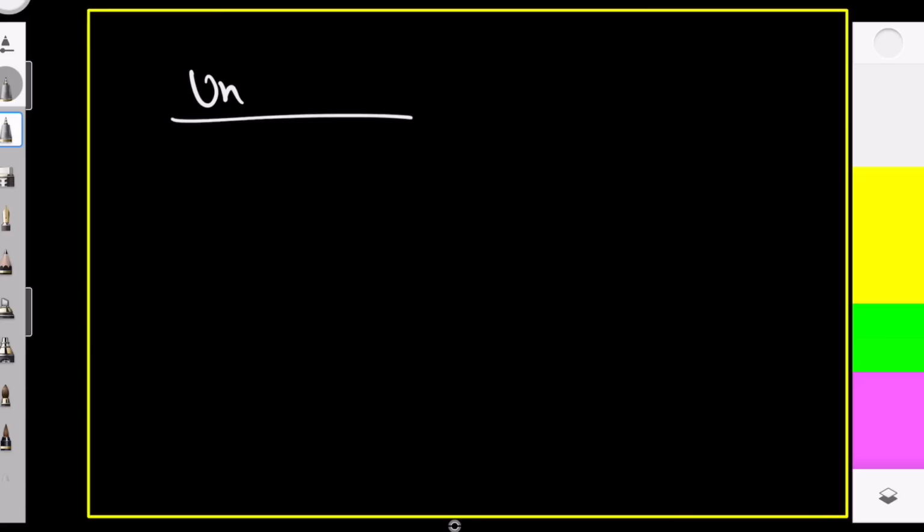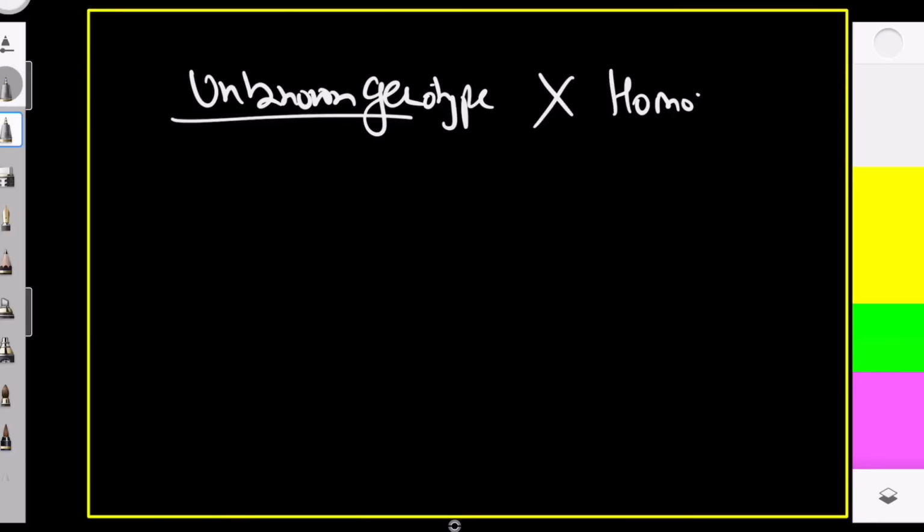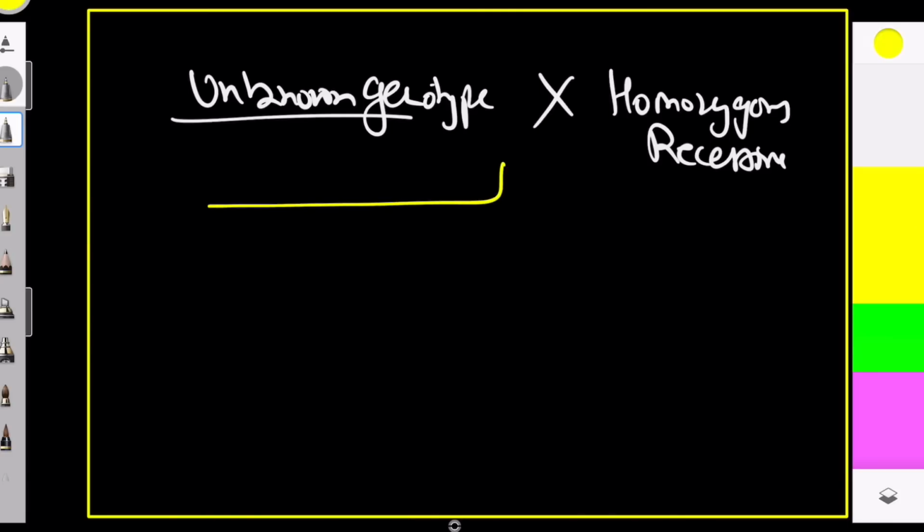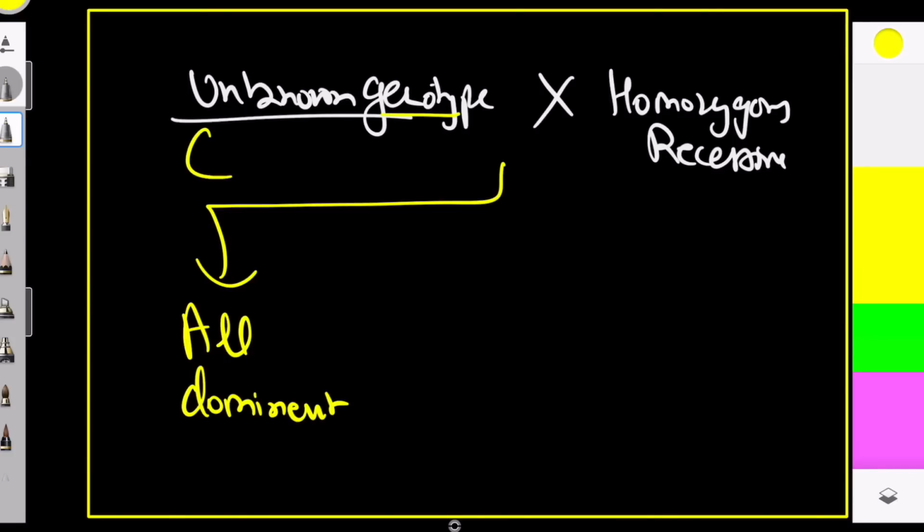Let's suppose there is an unknown genotype, and you want to know what the genotype is, so you cross it with homozygous recessive. If all the F1 generation show the dominant phenotype, then you can say the unknown genotype is homozygous.